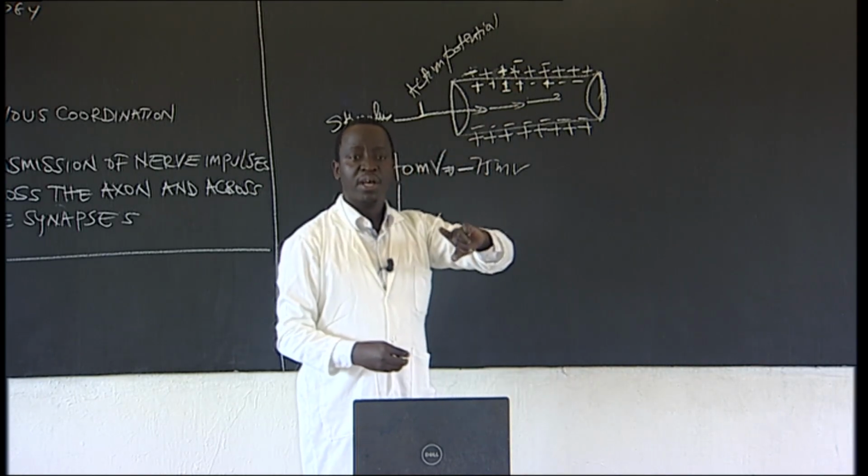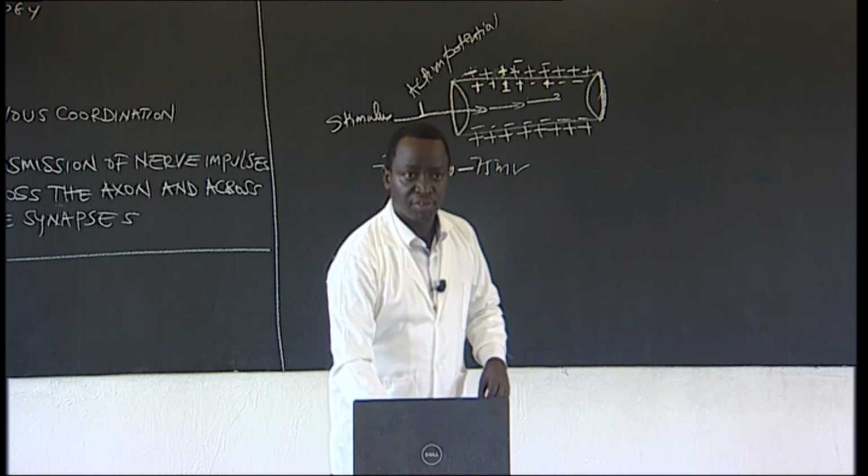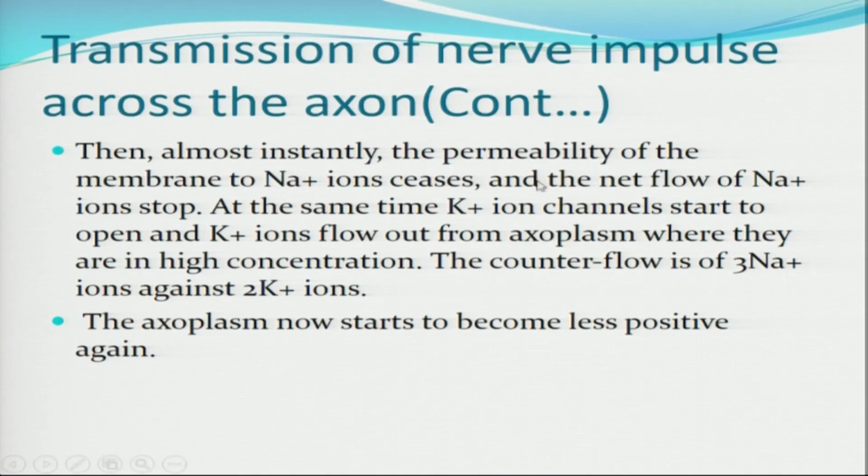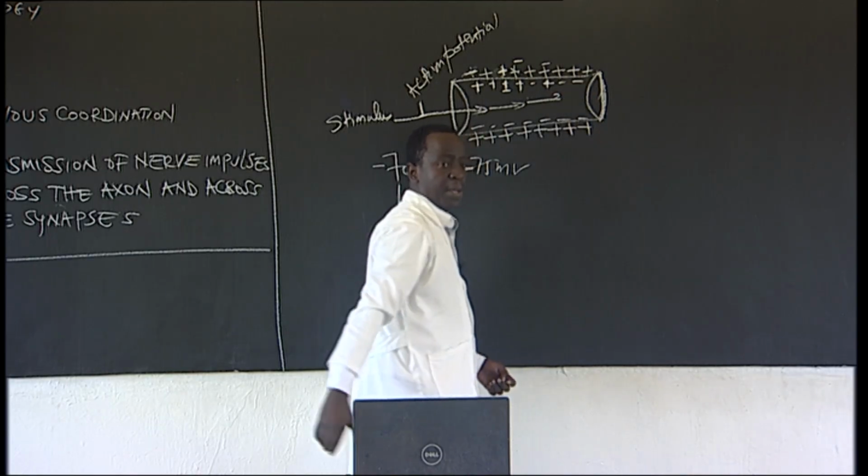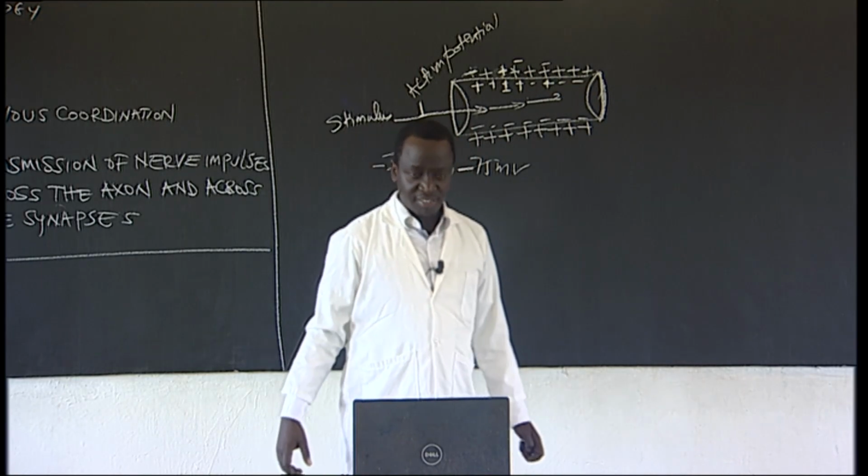And then there is what? The potassium ion channels now start to open. Why is it opening? Isn't it just to flow out? Because here we have this inside, it has to flow out. So then what's going to happen?